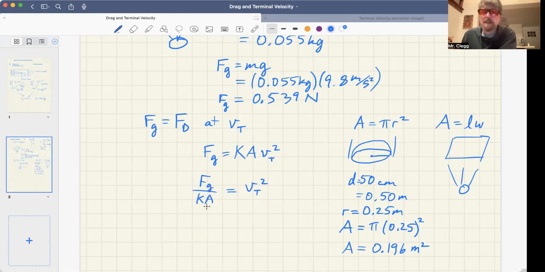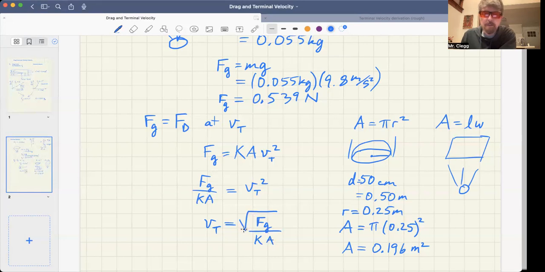I'm going to switch sides and take the square root of both sides at the same time. I know that this could be negative, but I don't care about the negative, so I'm just going to call it the square root of Fg over kA.